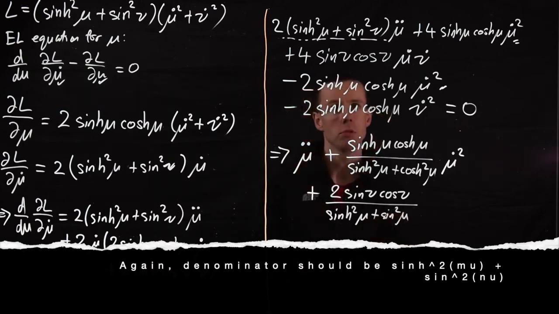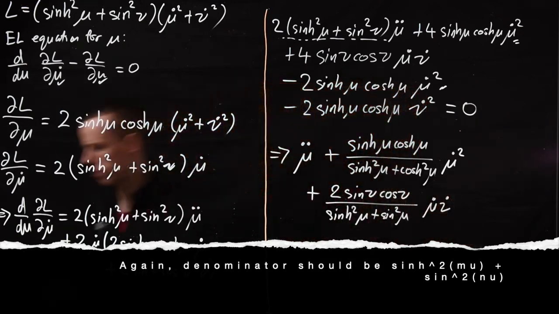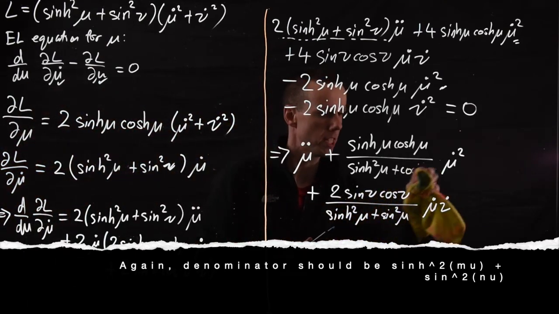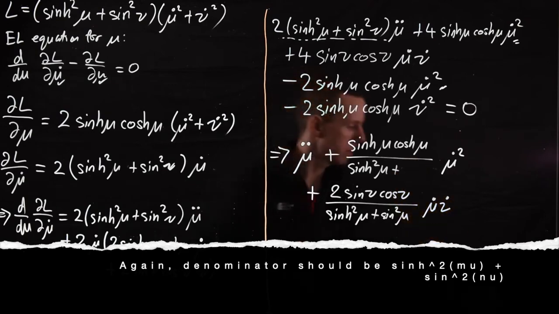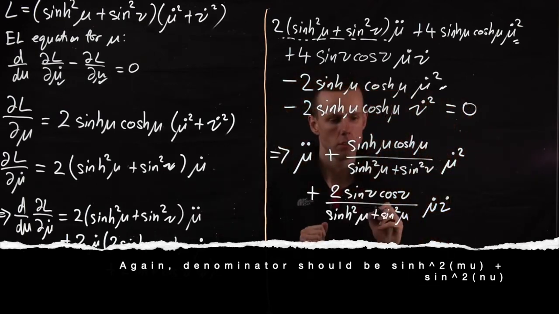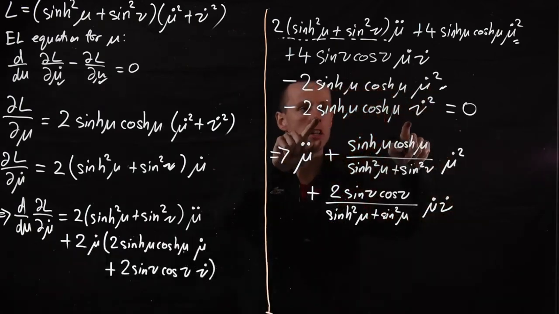Okay, sine squared mu plus sine squared nu times mu dot nu dot. I've just realised that what I've written there is total rubbish. So that shouldn't be cos squared nu, it should be sine squared nu. Don't know where I got that from. And then the last term is the nu dot squared.